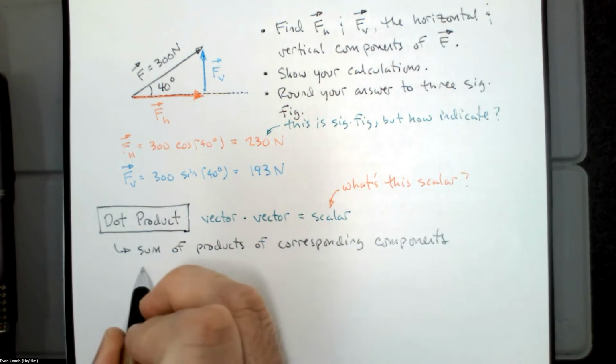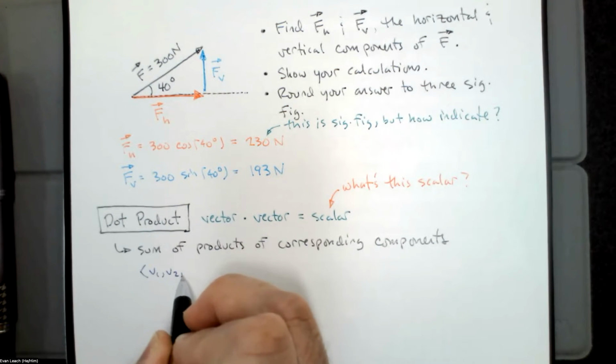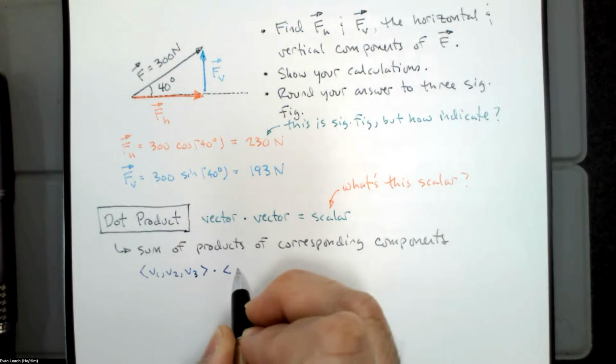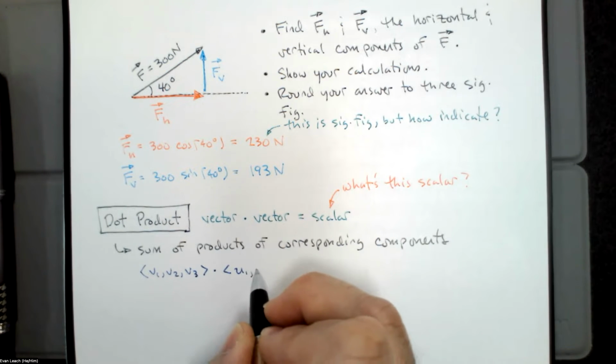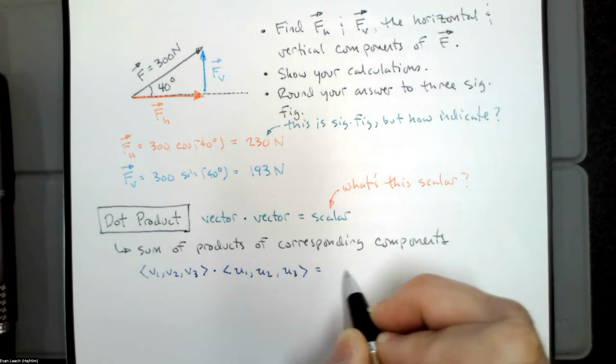So if I have, let's say, V1, V2, V3 as one of my vectors, and my other vector is U1, U2, U3, I just do V1 times U1.